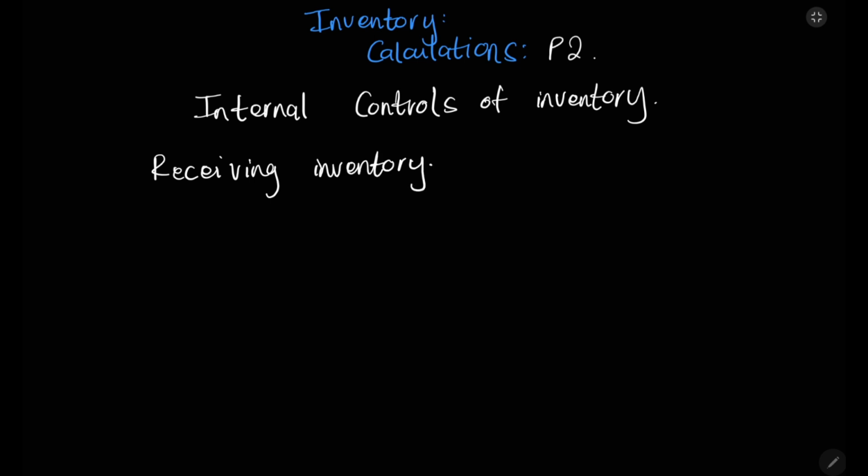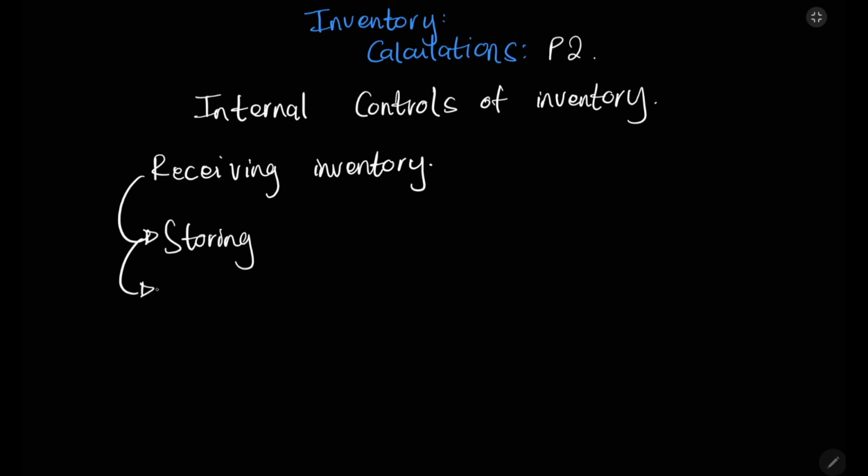A control or a measure that we could take could include checking deliveries and comparing invoices. In terms of storing inventory, we could say different measures like locking storerooms, security cameras, as well as restricted access.